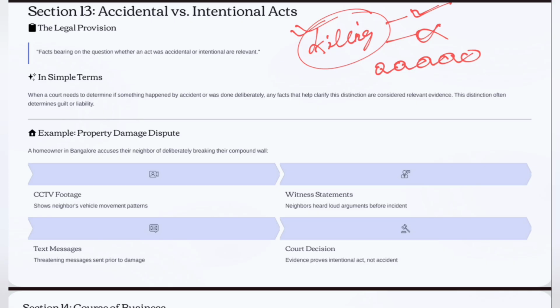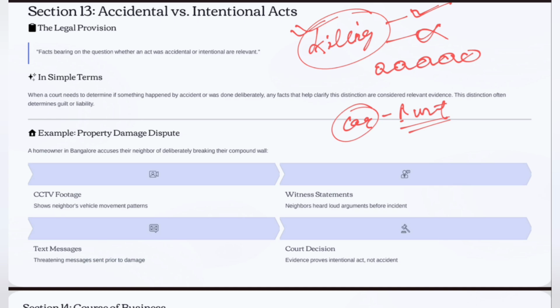For example, if someone's car is burnt, and the question before the court is whether the person whose car is burned has himself burned it or the burning was just accidental.